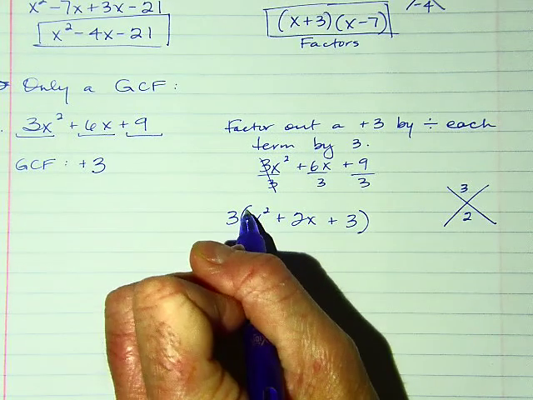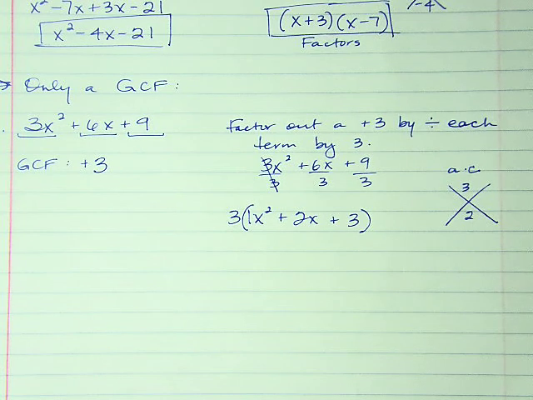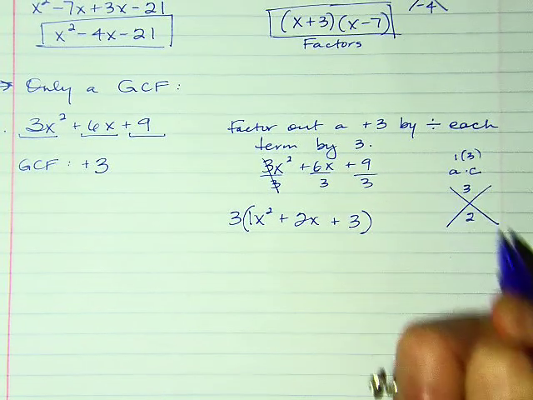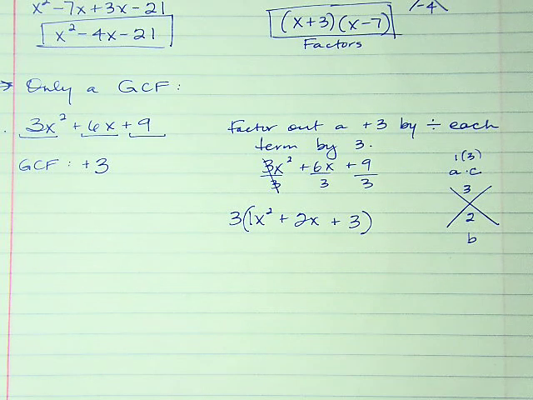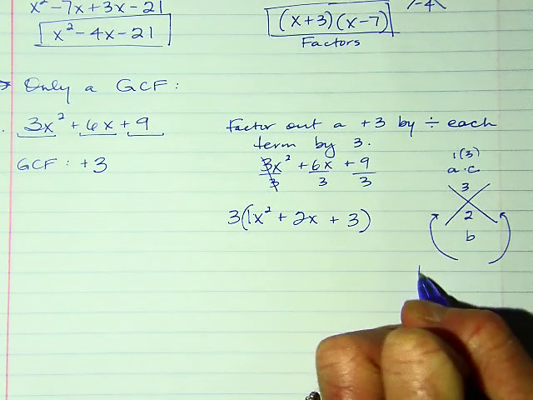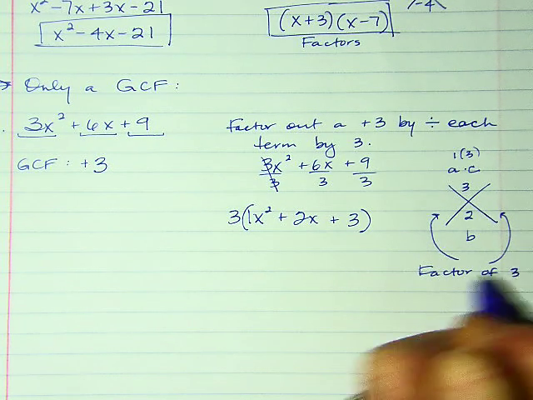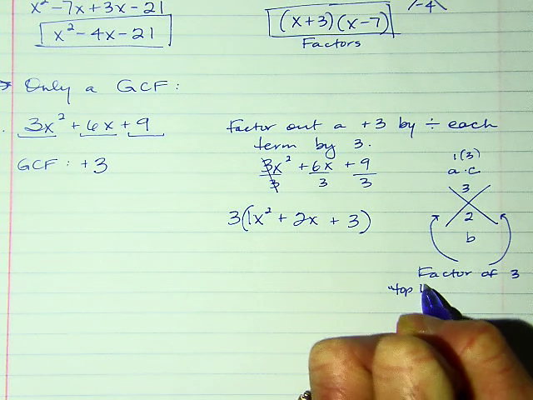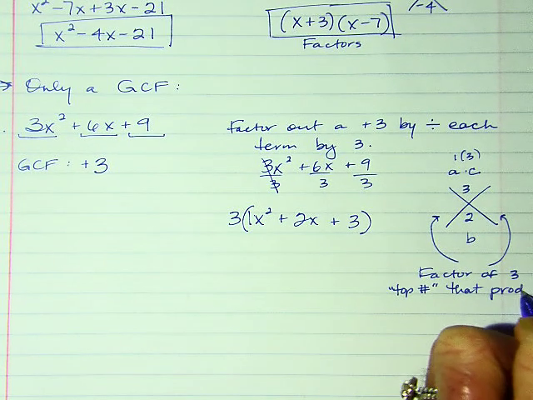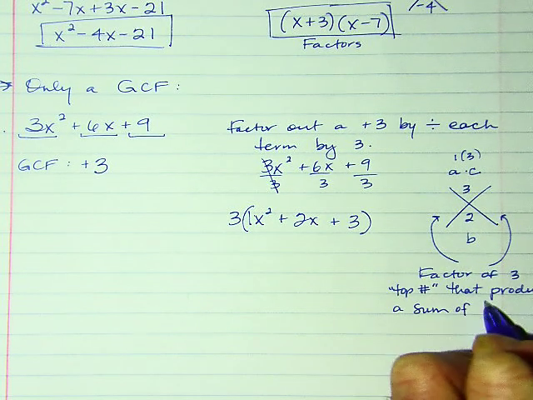But if this is a 1, the top is a times c. I guess I'll explain it now. So that would be 1 times 3 is 3. The bottom is your b term. And you're looking for factors of 3, or the top number, that produce a sum of the bottom number.